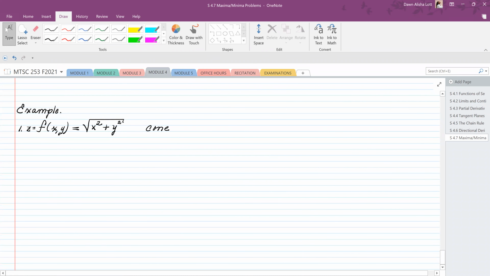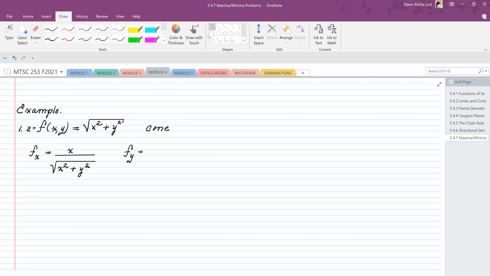Okay, so if I take f sub x, I get x over the square root of x squared plus y squared. And if I take f sub y, I get y over the square root of x squared plus y squared.